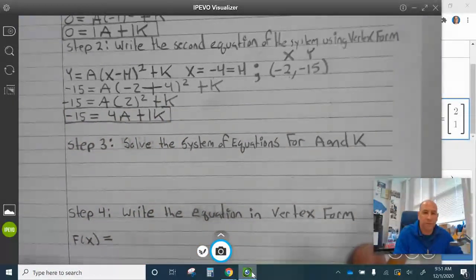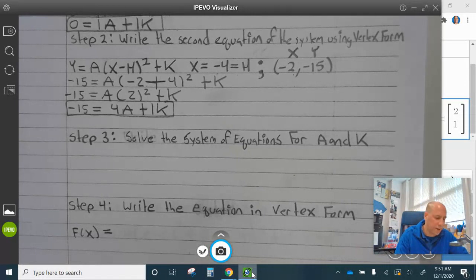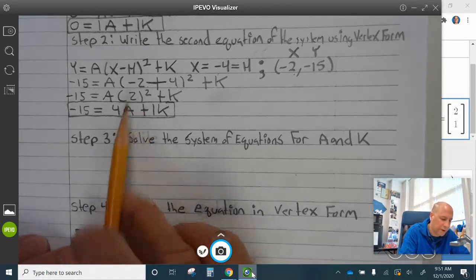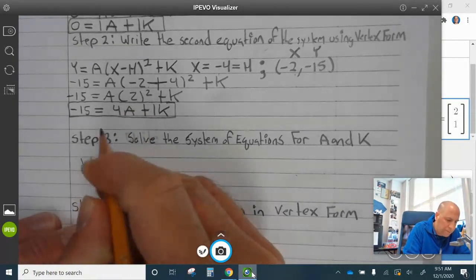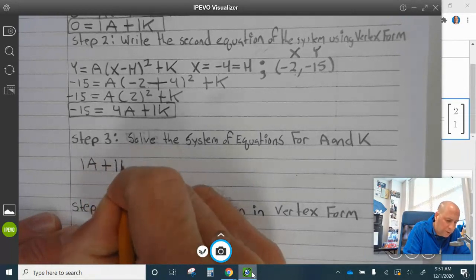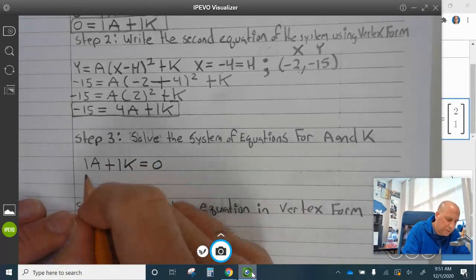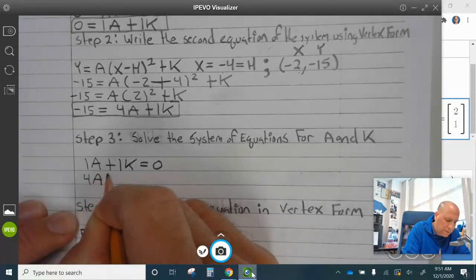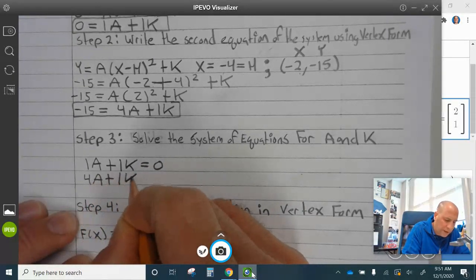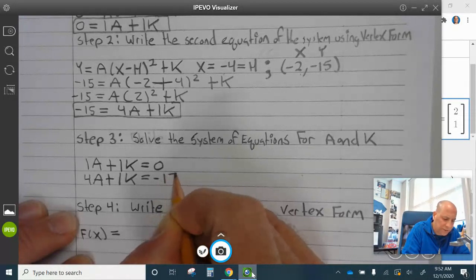Step 3, we're going to solve the system equation for a and k. So let's go ahead and rewrite this as 1a plus 1k equals 0, and 4a plus 1k equals -15.